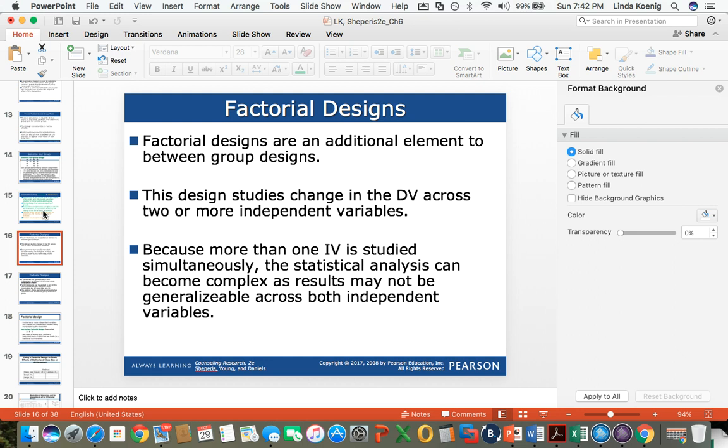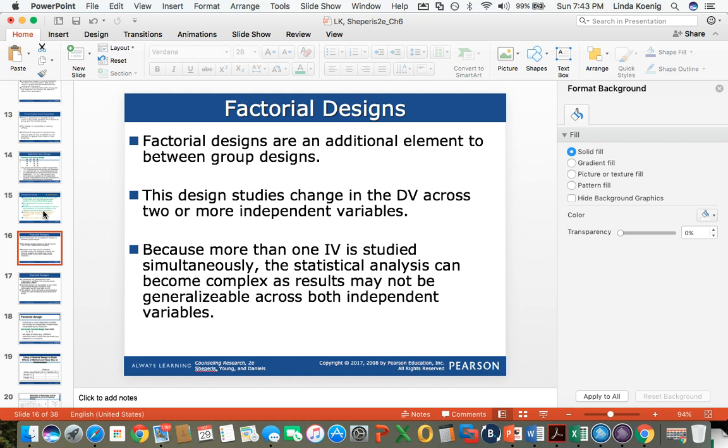All right, so factorial designs. Factorial designs are an additional element to the between groups design. It studies the change in the dependent variable across two or more independent variables.